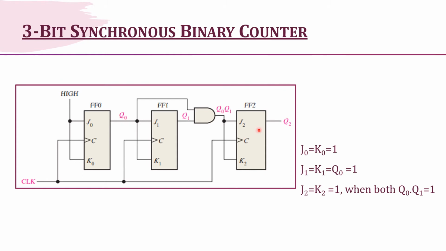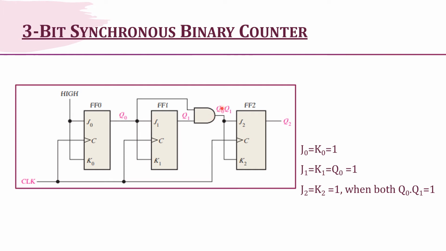Then what about J2 and K2, or the case of FF2? FF2 will toggle when both FF0 and FF1 produce high output. That is Q0 is equal to Q1 is equal to 1. When both Q0 and Q1 are high, FF2 toggles its state.